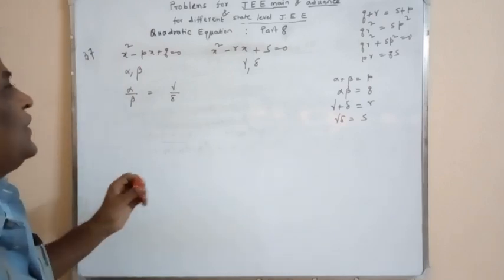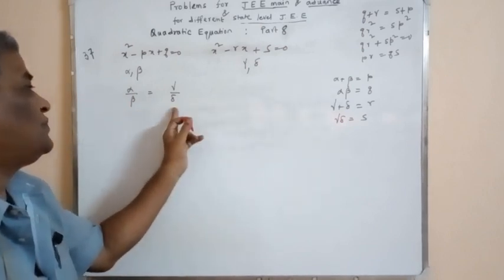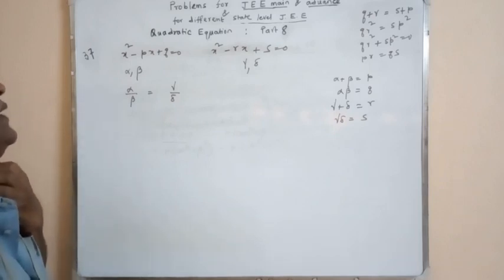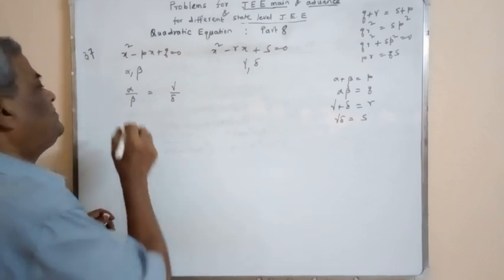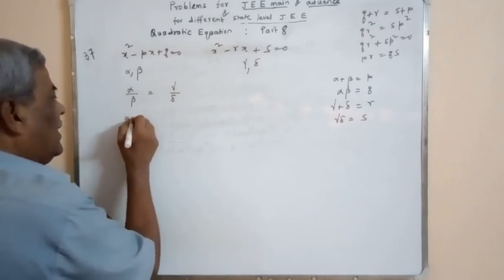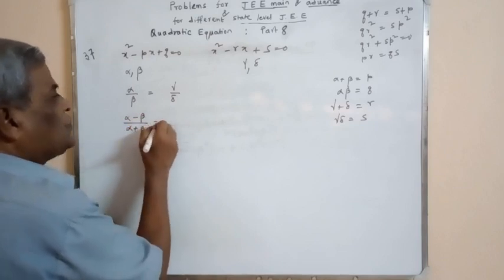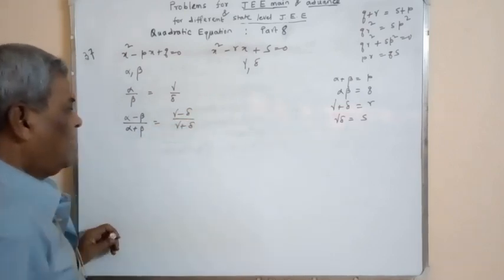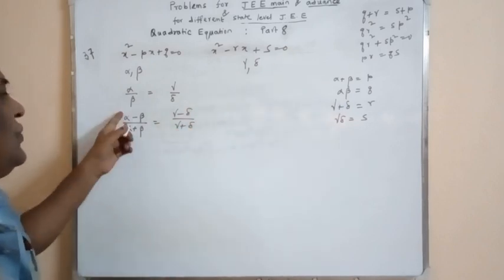From these relations, we have to find a relation involving coefficients, so we have to eliminate roots. So from here, by componendo dividendo, we can obtain alpha minus beta by alpha plus beta must be equal to gamma minus delta by gamma plus delta. Now the value of this, and of that, is known from there, but this is not known.